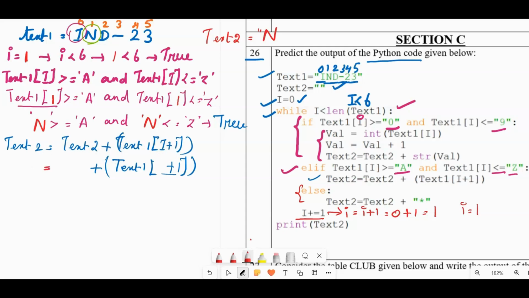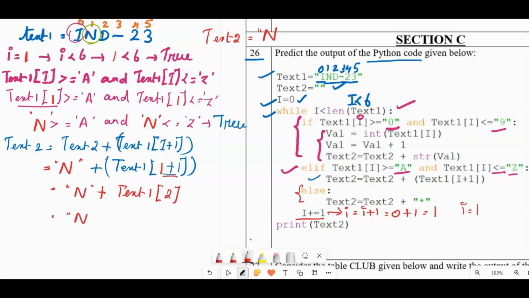Initially we had the empty string in text 2, but now we have the character N, so we are updating with capital N here. The value of I here is 1, so N plus text 1 of 1 plus 1, which is 2.